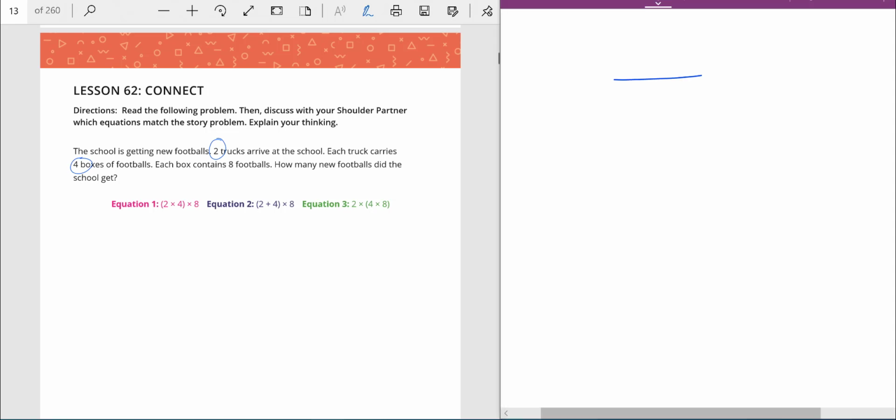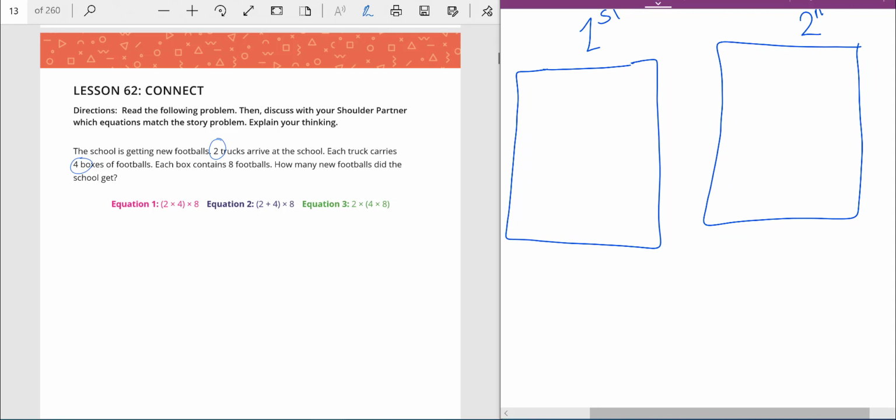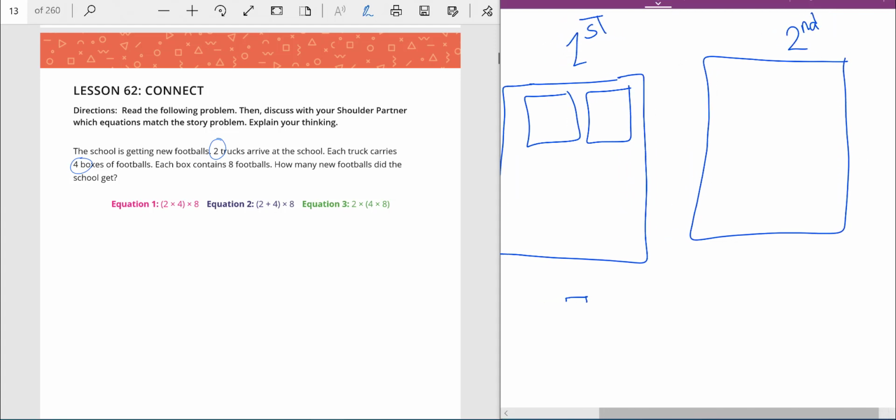So I have 2 trucks, the first one and the second truck here. Each truck has 4 boxes, so the first has 4 boxes: 1, 2, 3, 4. And the second truck will have the same number of boxes.